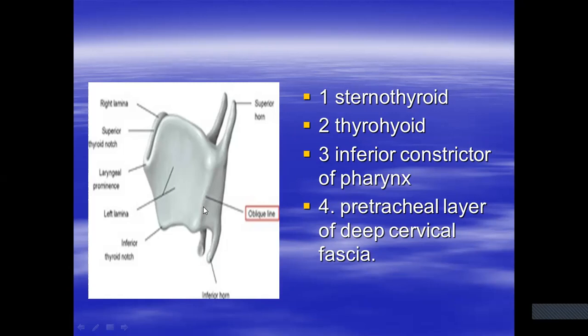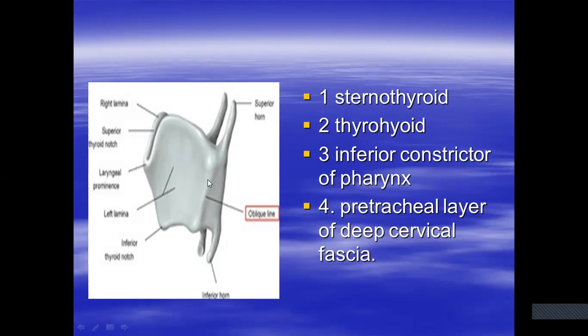It gives attachment to muscles from above downwards: the thyrohyoid, sternothyroid, and inferior constrictor of the pharynx.